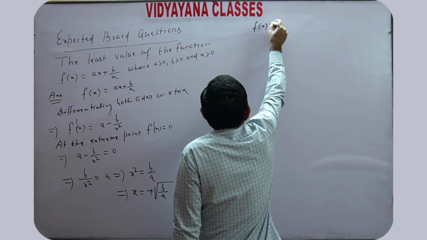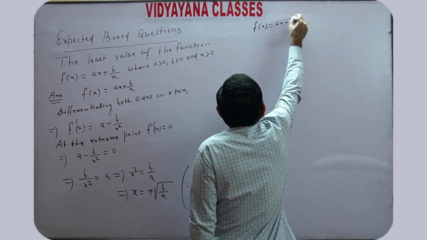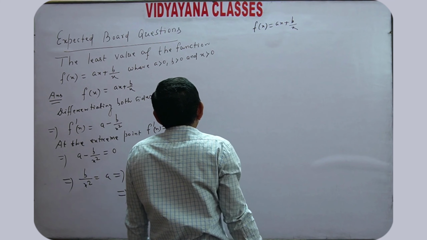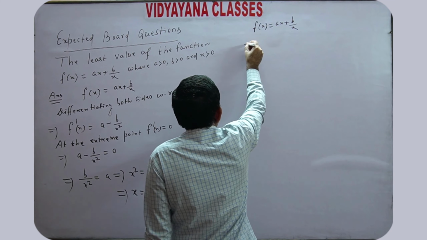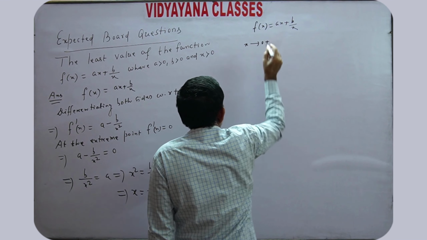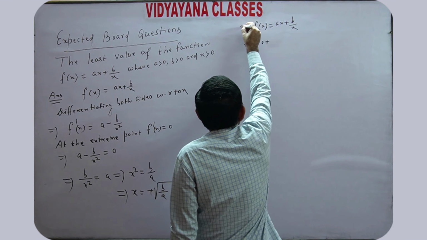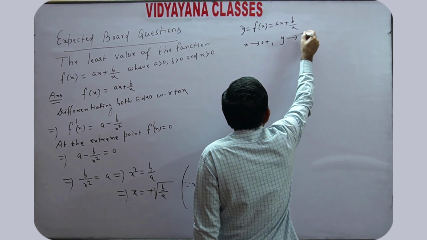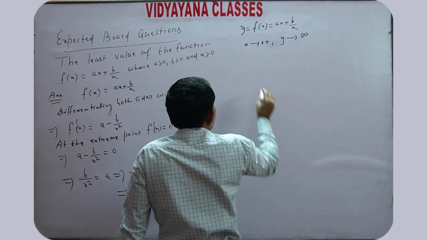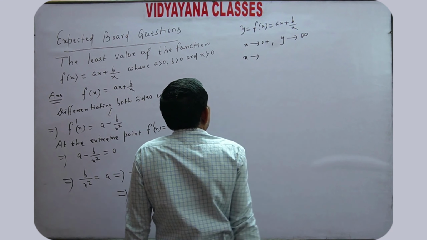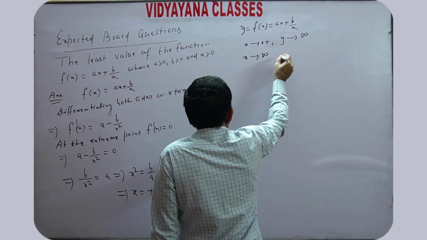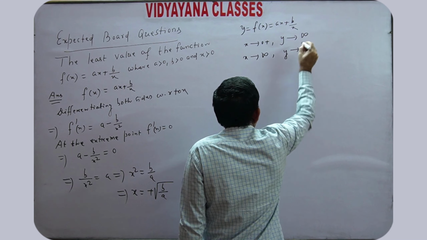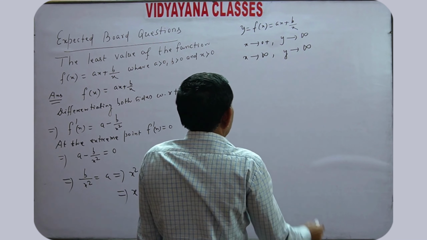f(x) is equal to ax plus b by x, x greater than 0. X tends to 0 plus, y tends to positive infinity. X tends to positive infinity, y tends to positive infinity.